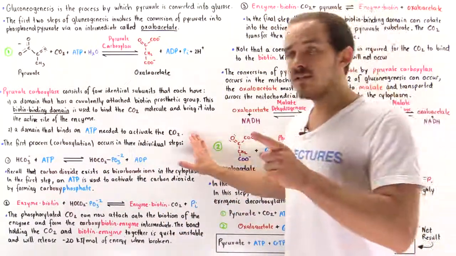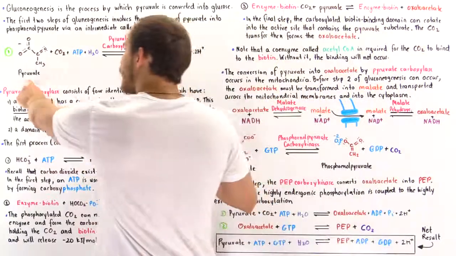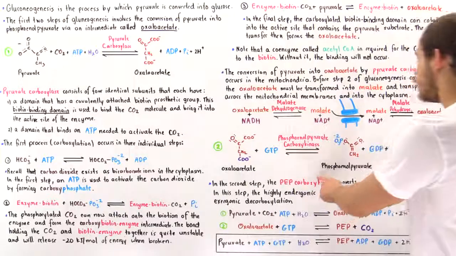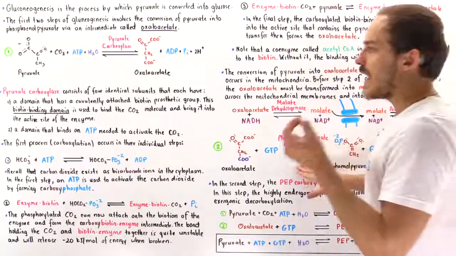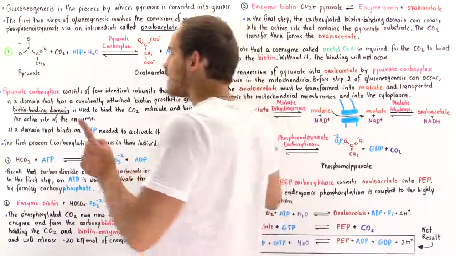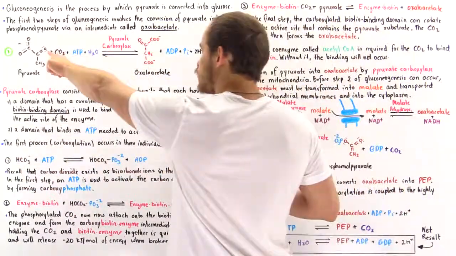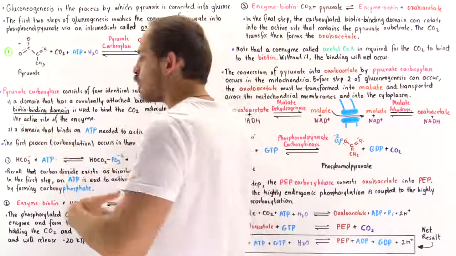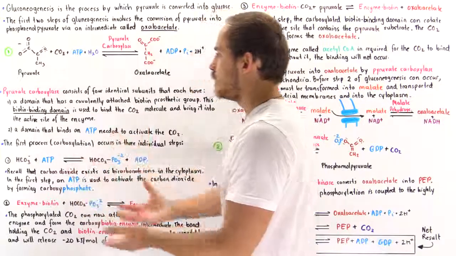And so, for instance, we know that in step 10 of glycolysis, we transform pyruvate into phosphoenol pyruvate by using a very exergonic process. And so if we simply reversed that step in gluconeogenesis, this reverse step would be very endergonic. It would require a large input of energy.